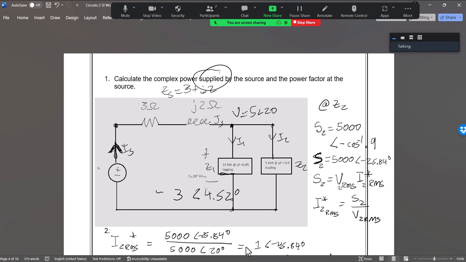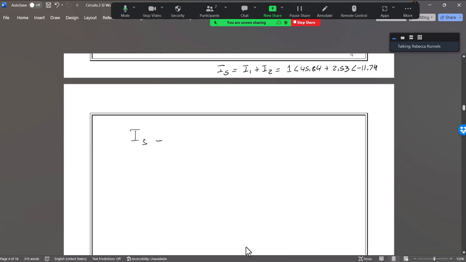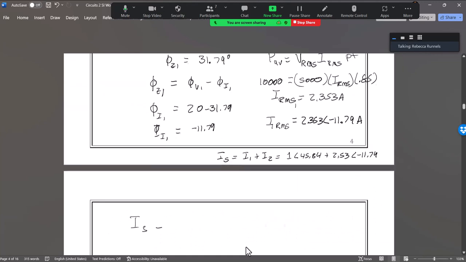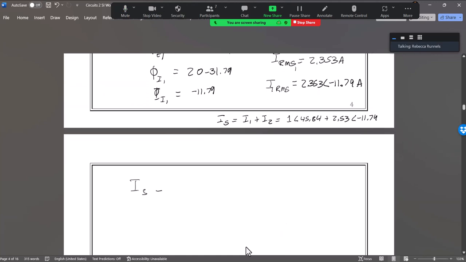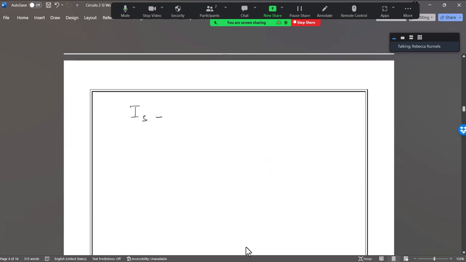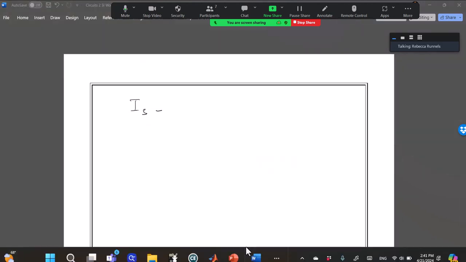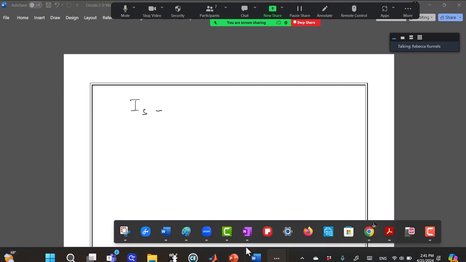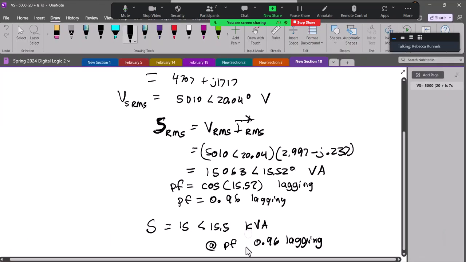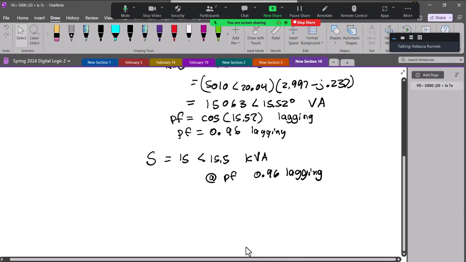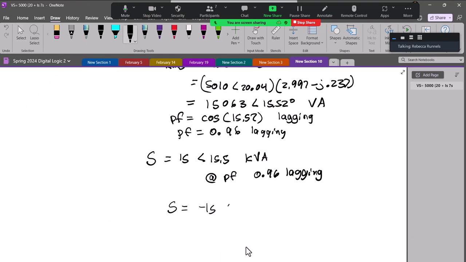Okay, so us changing IS to negative wouldn't change it. What you would end up with is the power would be negative, but then if you are answering the question, what is the power supplied, you would say the positive answer. Usually that is what you want anyway, is the positive value. So if you'd used negative, then you would have gotten negative 15. I'm not exactly sure.